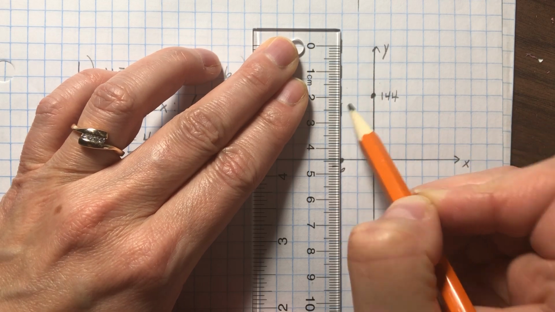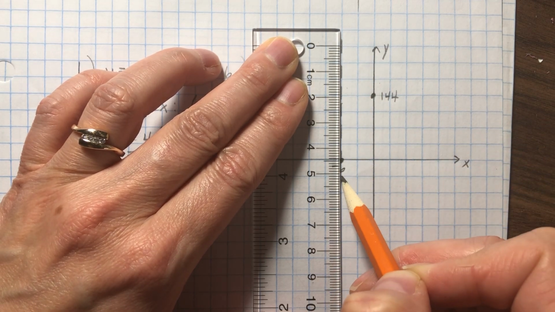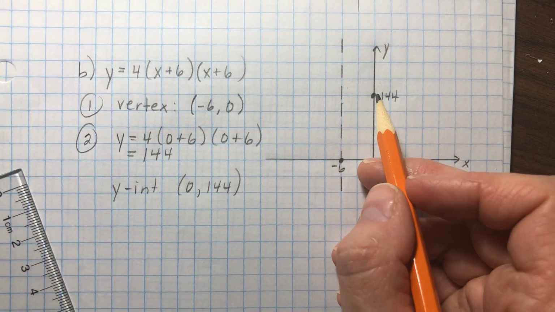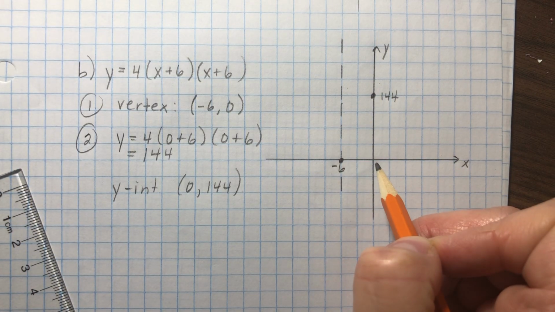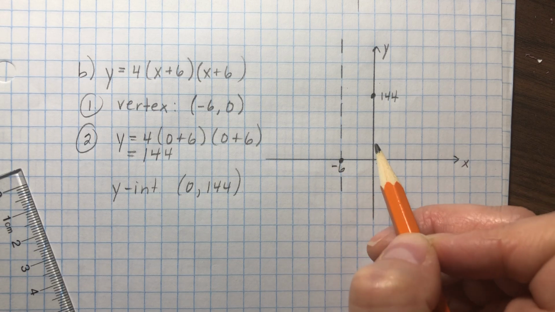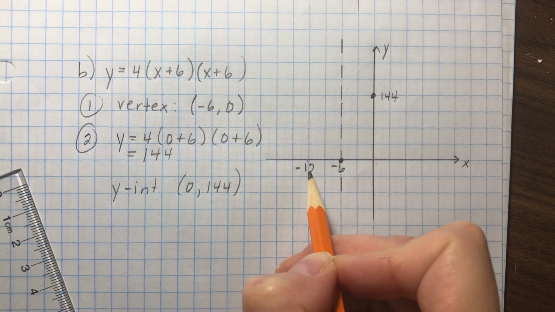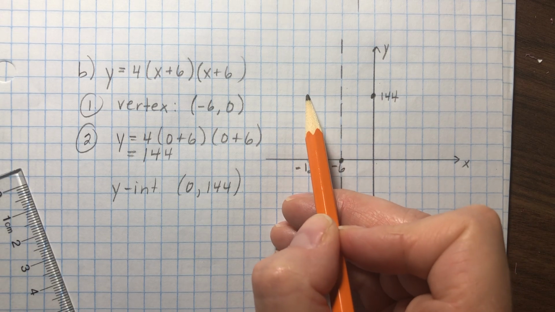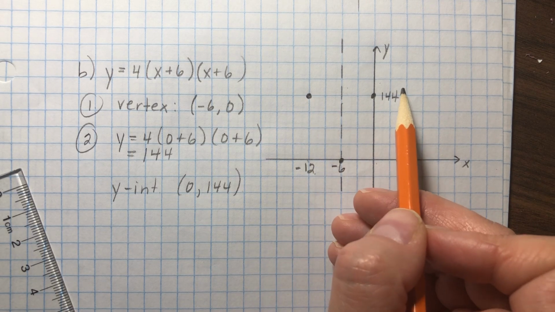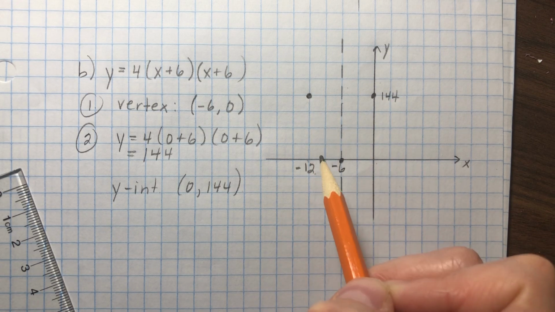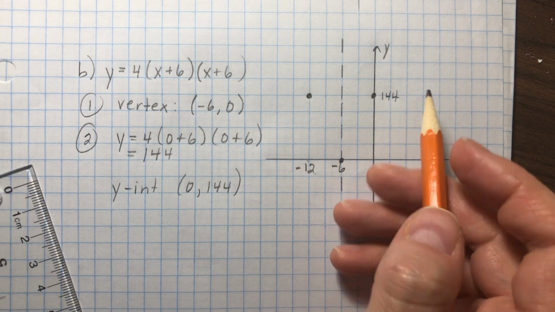So I need a point to the left of the vertex on the other side of the axis of symmetry. So if the y-intercept is 6 units away from the axis of symmetry, but it's to the right, I have to go 6 units to the left to get the third point, and it will have the same y-coordinate as the y-intercept. So the third point will be at coordinates (-12, 144).